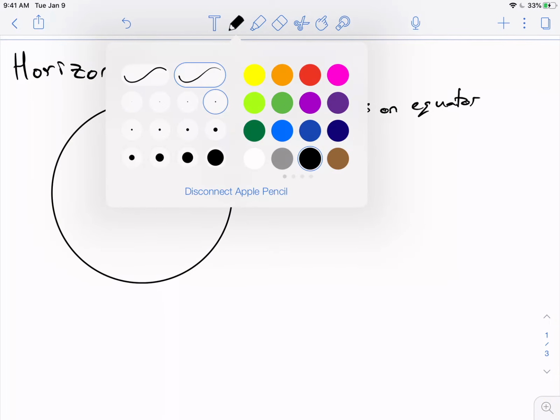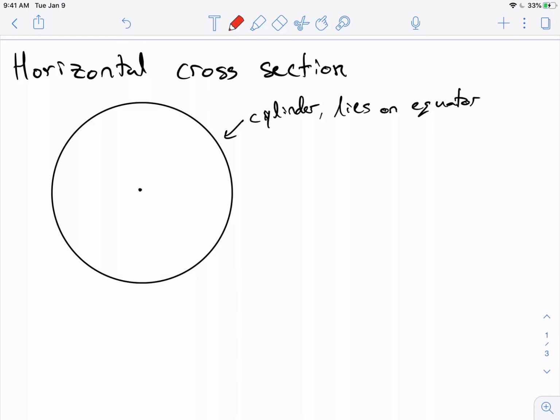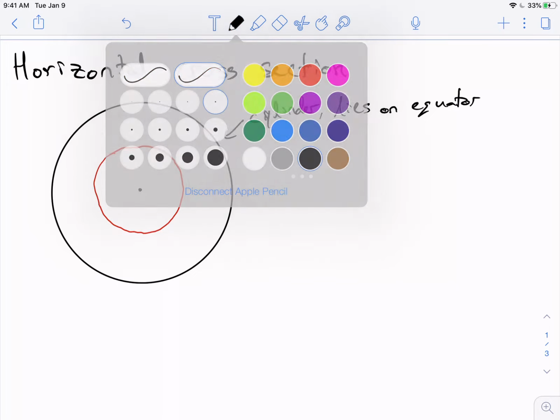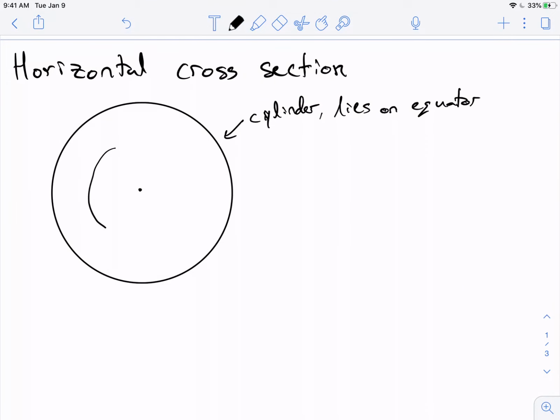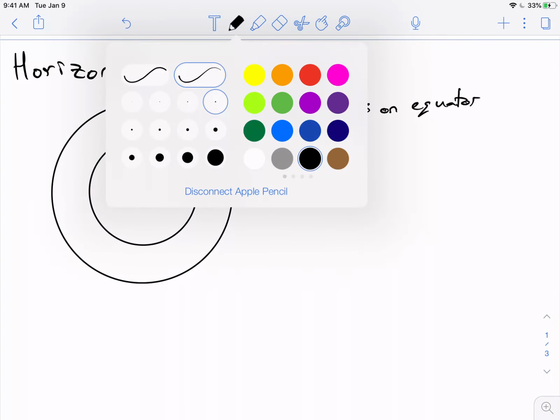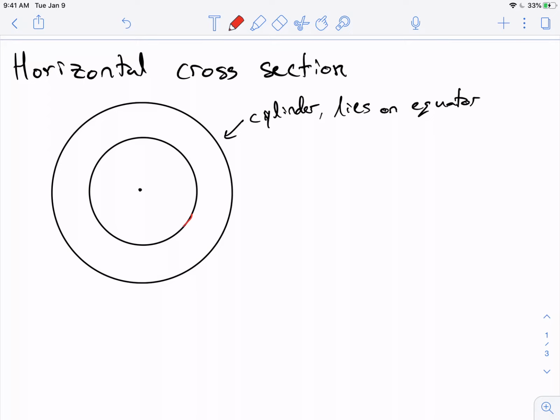I've got some latitude line, which from above just looks like a smaller circle within this outer circle, which is the equator. Maybe I'll draw it in black. So I've got something like that. And one of the red edges lies exactly on this latitude line, so it looks like that.